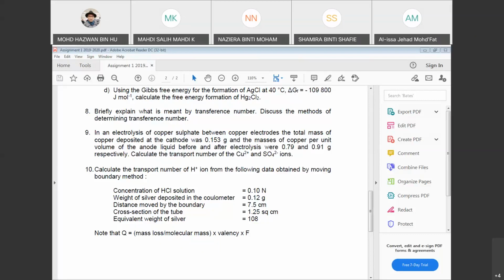So the mass loss here, for Ag or for H? You mean what? We should put the mass loss for the H or the Ag. Ag. You put Ag, the mass loss for Ag, but the transport number, the T plus that you get, corresponds to the T plus of H plus, not Ag plus.